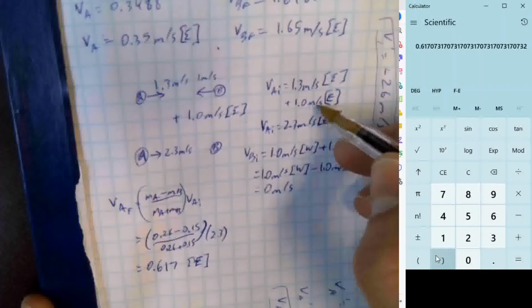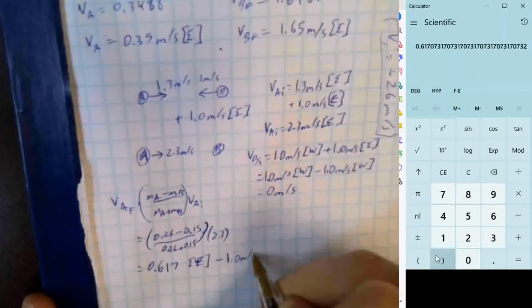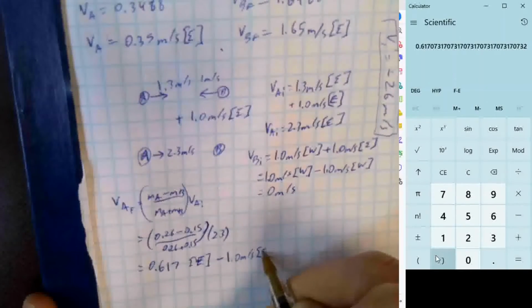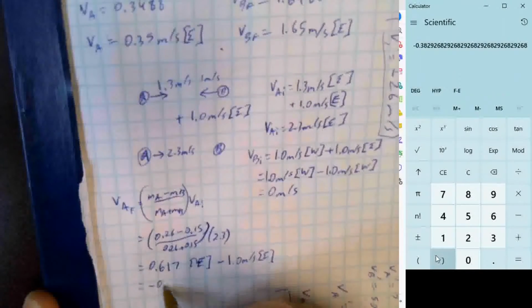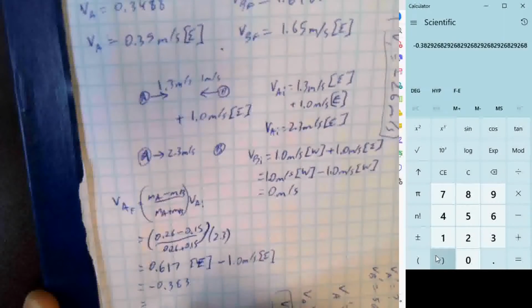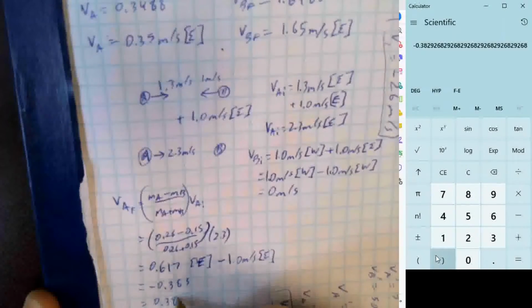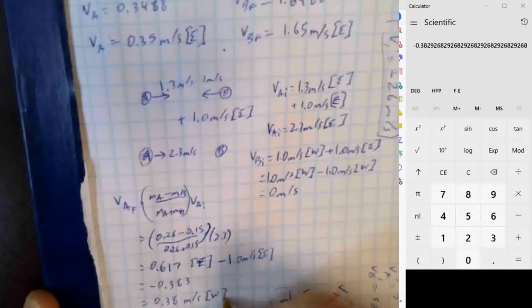I added 1.0 meters per second east, so here I have to subtract 1.0 meters per second to the east. If I subtract that, I end up with a negative 0.383. When I round to two decimal places, 0.38 meters per second, and that is going to the west, because it was negative.